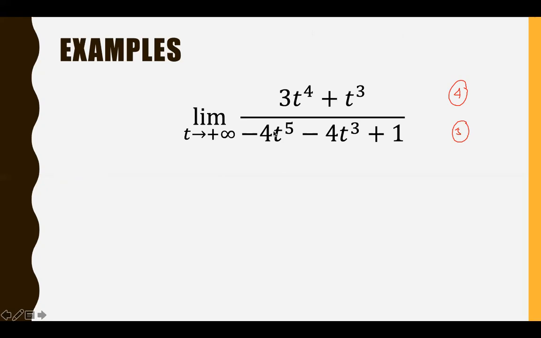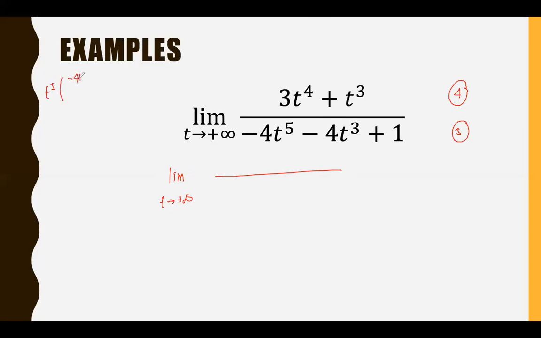Earlier we were pulling out the common degree, which in that example was y squared. This time the higher degree is 5. So since it's 5, we pull out t to the power of 5. Let's try to pull out the denominator first so that you will not be confused. So if you pull out 5, you can do it this way.